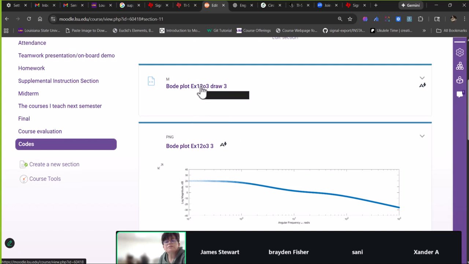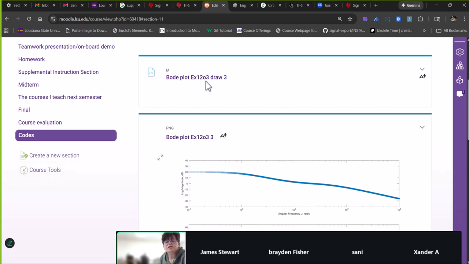You click on it and it shows the code, as a text file or maybe it downloads a .m. My computer's getting very laggy.